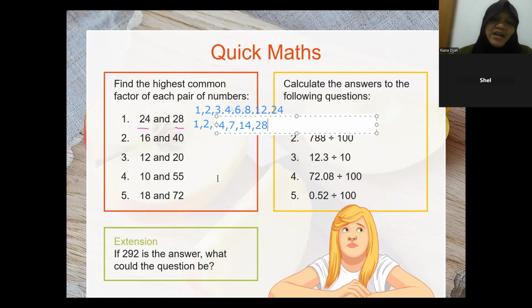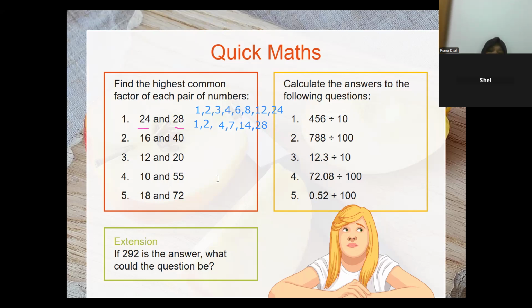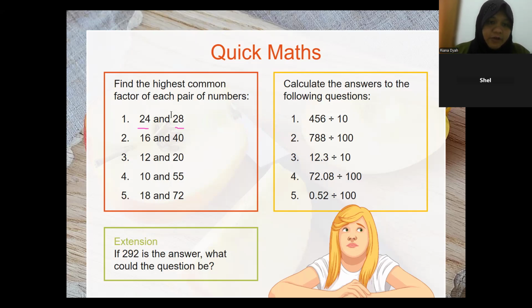Now, as you can see here, what is the common factor of 24 and 28? 4. So the HCF will be 4. HCF equals 4. Can you please try to find number 2?